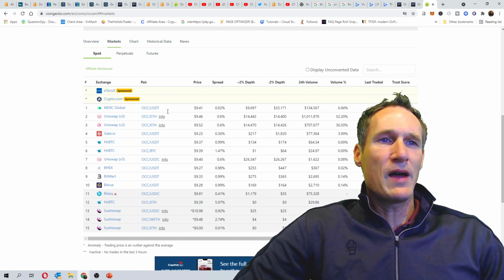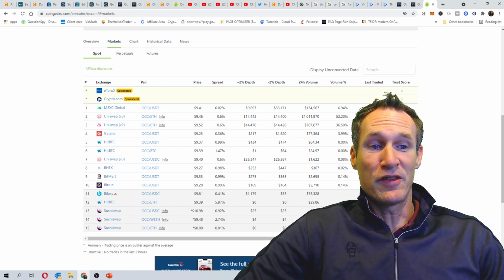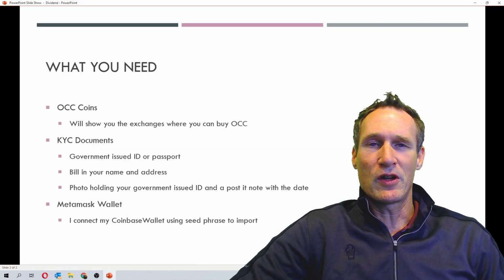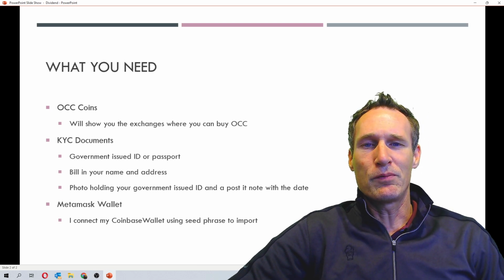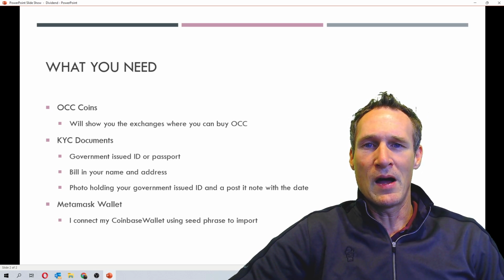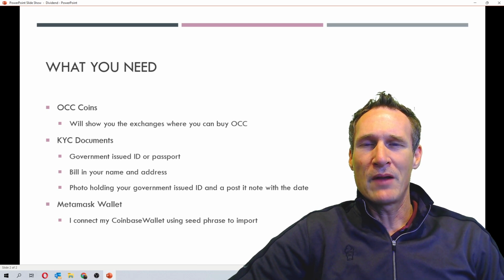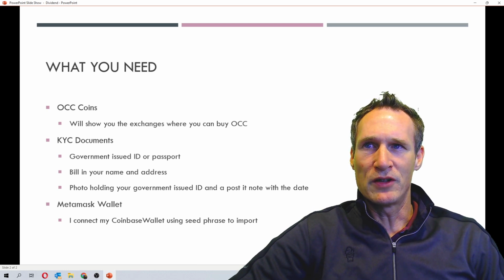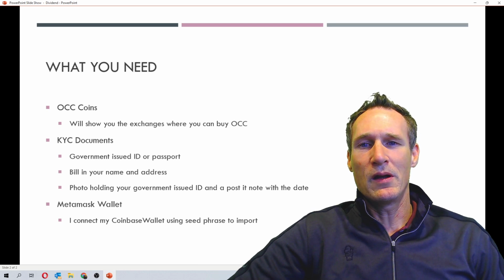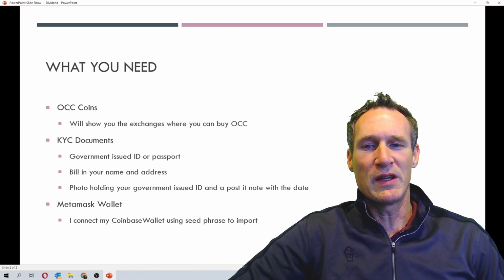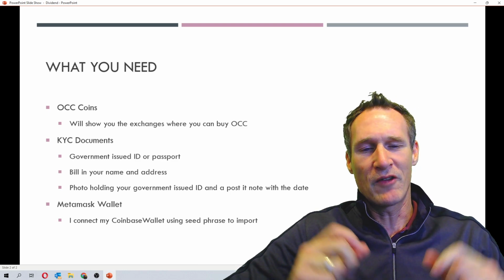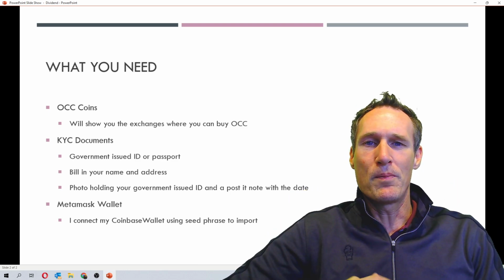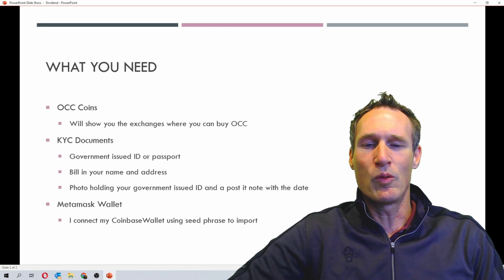Once you know that, the next thing you're going to have is your KYC documents. KYC, as in Know Your Customer, is something projects use as a kind of background check for investing into projects. So you're going to need a government issued ID or passport. You're going to need a bill in your name with an address, and you're probably going to need a photo holding that government ID up in front of you with a post-it note or a piece of paper with the date on it.